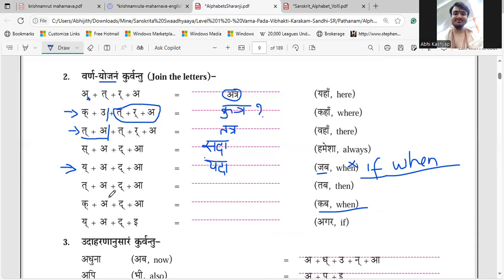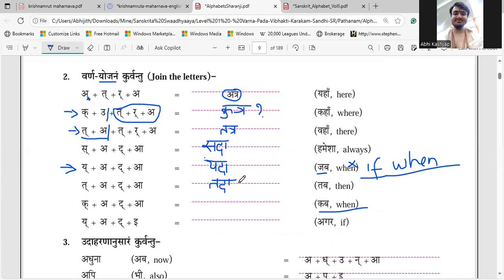Next word is tada. So these two, yada and tada, are pairs. Yada, tada. When, then.